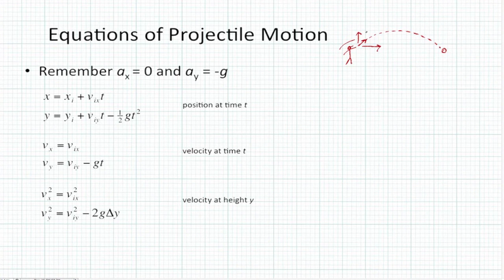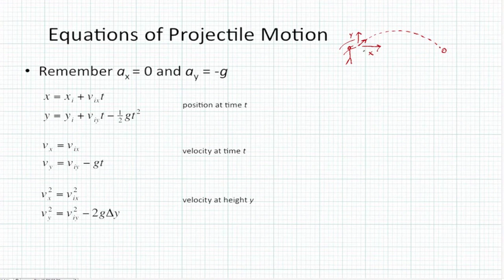I'll just call that y and x. Now you guys know how to break a vector apart into components, because we've been doing that for the past couple of weeks. We use sine and cosine functions to do that. There's an x and y component of its motion at any one time. There's also an x and a y component of its velocity.